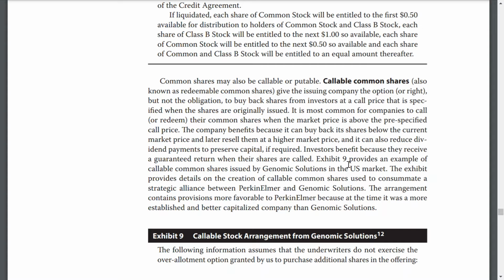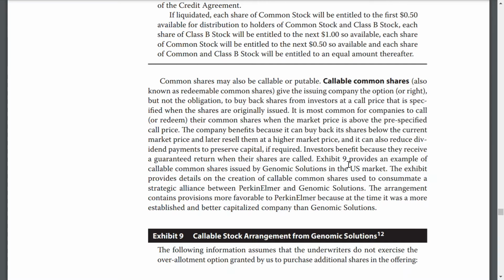The company benefits because it can buy back its shares below the current market price and later resell them at a higher market price. It can also reduce dividend payments to preserve capital, if required. Investors benefit because they receive a guaranteed return when their shares are called.